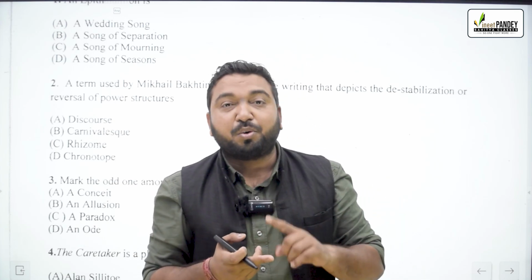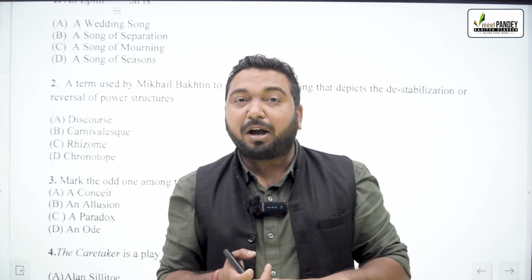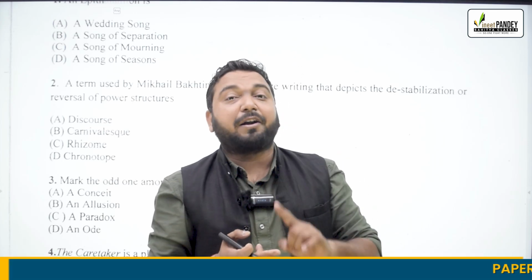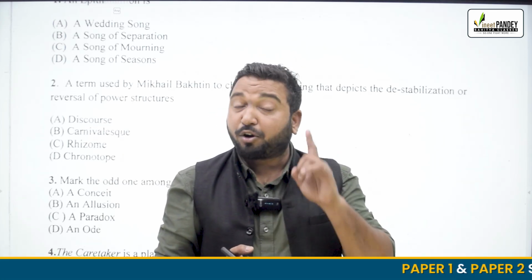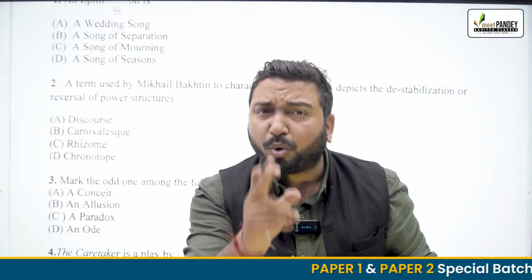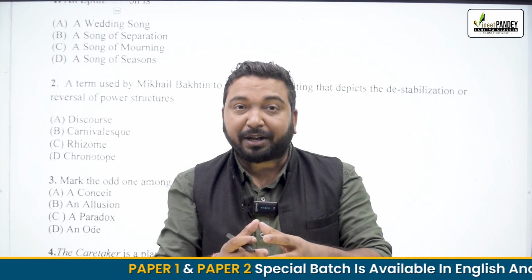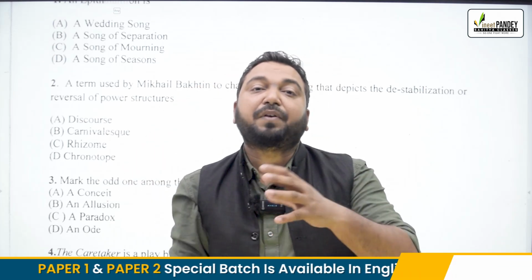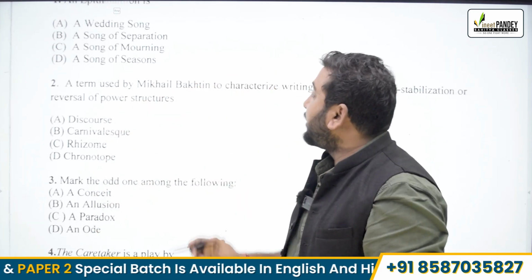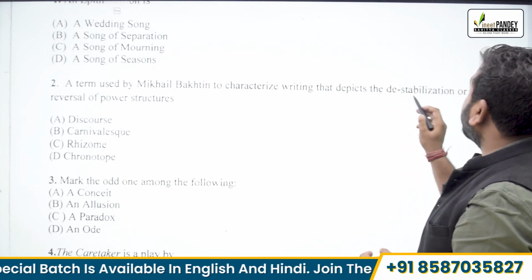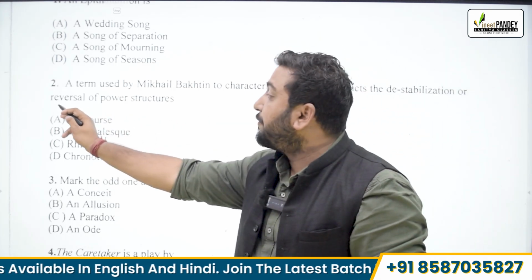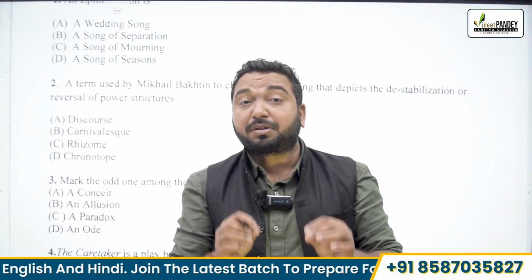Remember when I was teaching you Carnivalesque, I talked about Bartholomew Fair, a reference taken from Ben Jonson, then I talked about mall culture and I told you that Carnivalesque actually studies the society upside down, means from another side. So here we have a direct answer: destabilization and reversal of power structure, one of the most important characteristics of Carnivalesque.